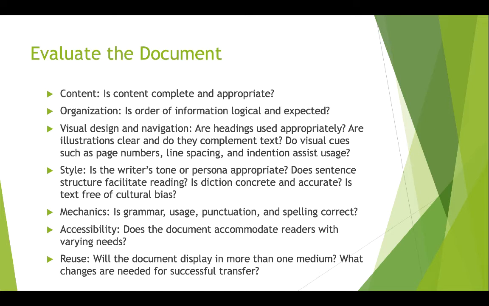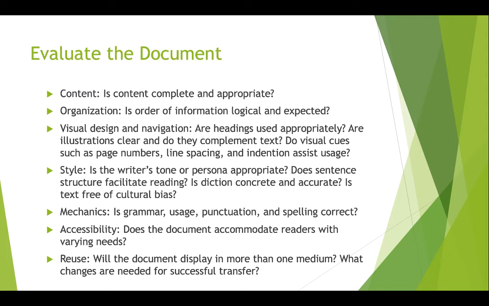Visual design and navigation. Look at the headings. Are they used appropriately and are they formatted consistently? Are the illustrations clear and do they complement the text and help build meaning? Are there appropriate visual cues, such as page numbers? Is line spacing consistent? And is indentation used in a way that assists the reader?